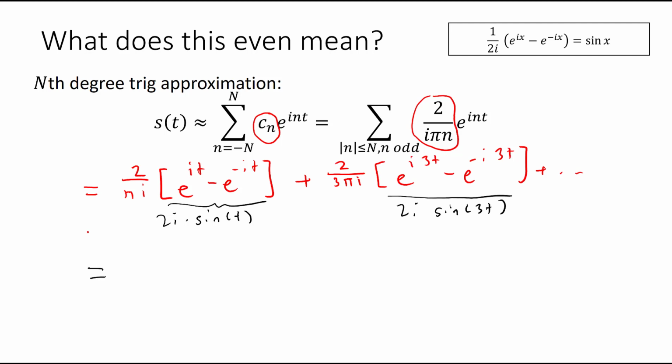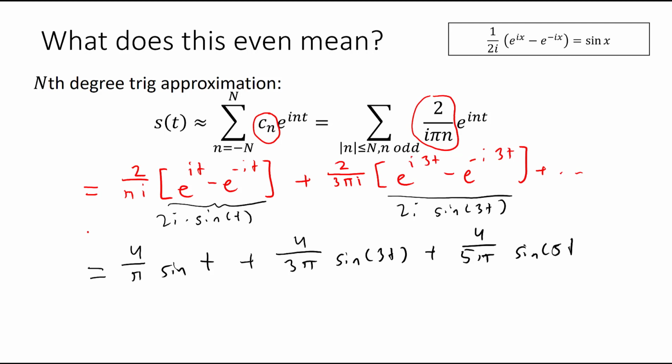So, after some further simplification, the i's will cancel, and we'll end up with 4 over π sine t plus 4 over 3π sine 3t plus 4 over 5π sine 5t, etc., for however many terms I want to get.